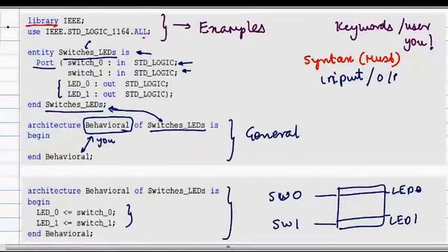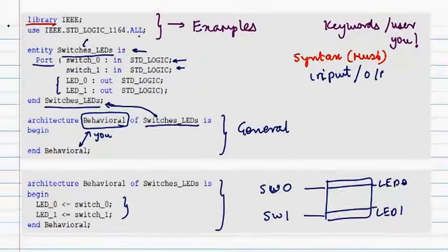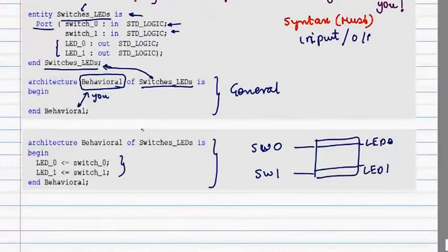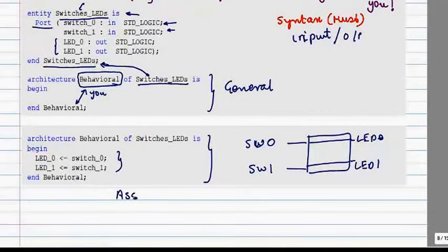I have taken switch 0 and I have assigned, please understand this term, we'll be using this very frequently. I have assigned switch 0, or the other way around, I have assigned LED 0 to switch 0 and I have assigned LED 1 to switch 1. The assignment statement is this in VHDL.